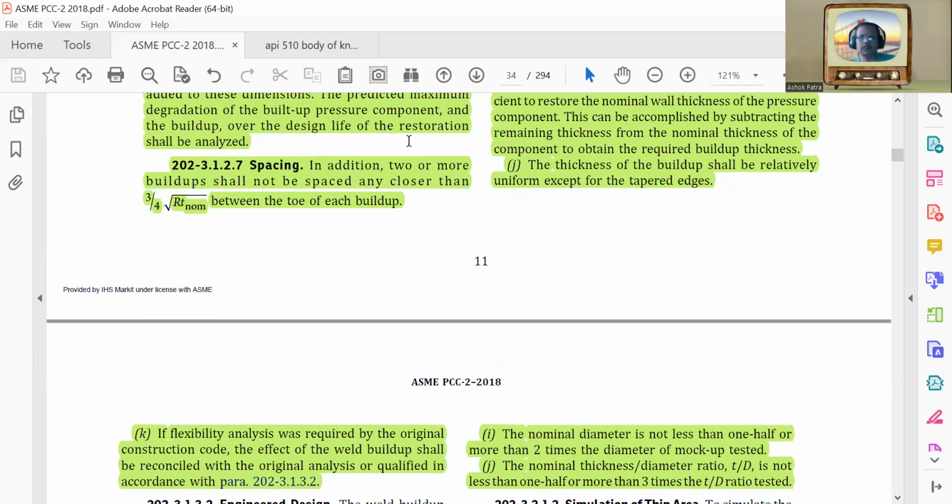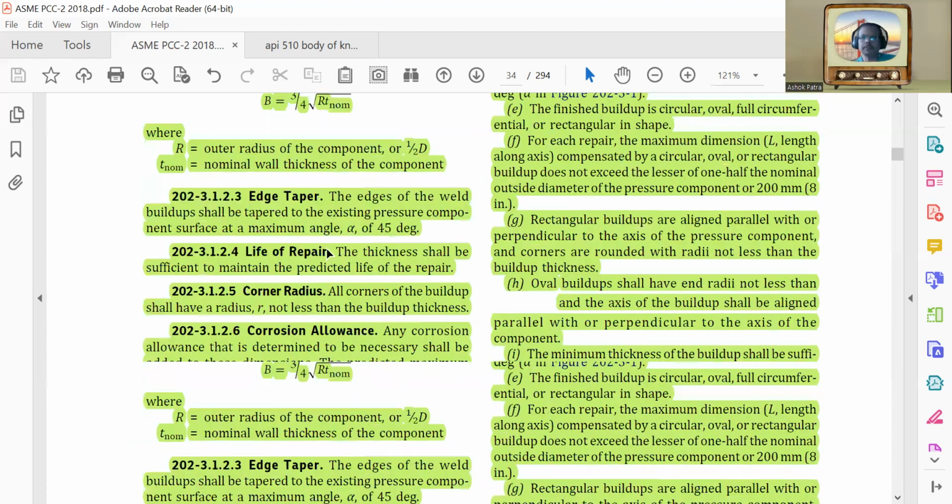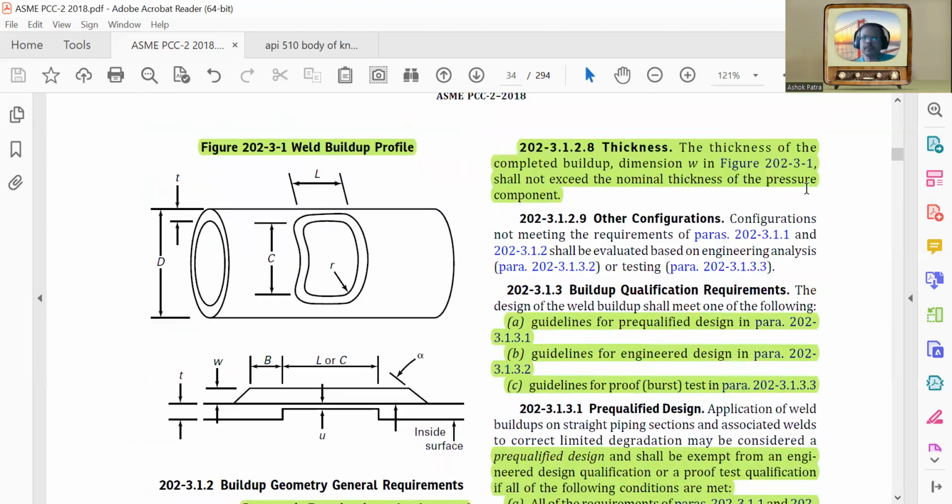In addition, two or more buildups shall not be spaced any closer than 3/4 of root R t nominal between each buildup. Thickness. The thickness of the completed buildup, dimension W in the figure, shall not exceed the nominal thickness of the pressure component.